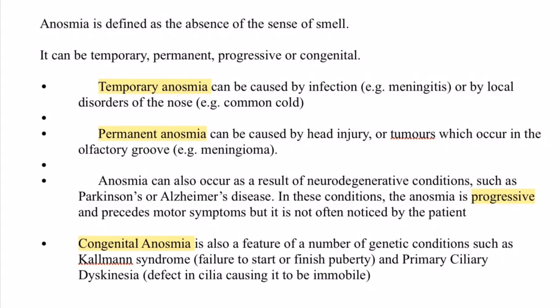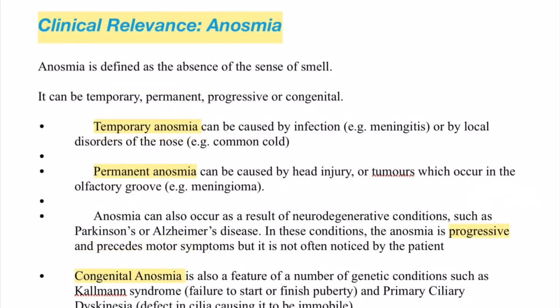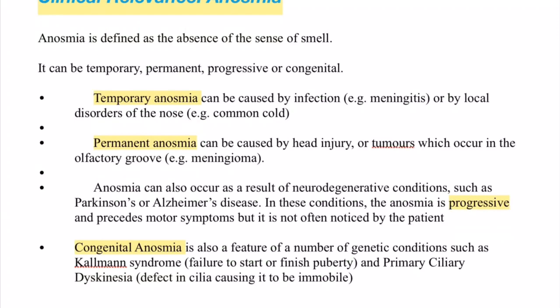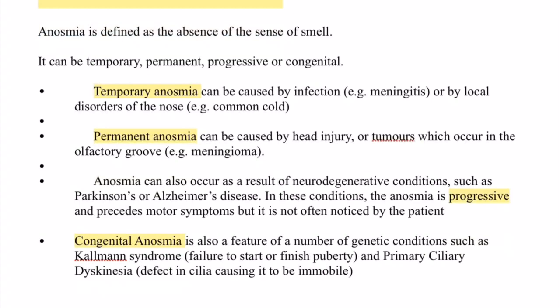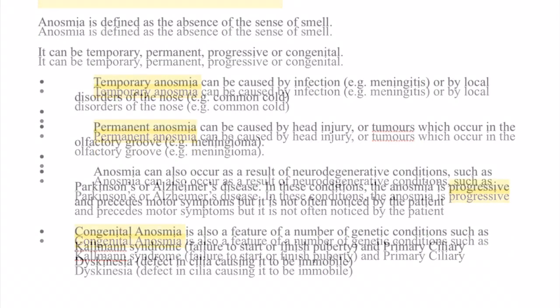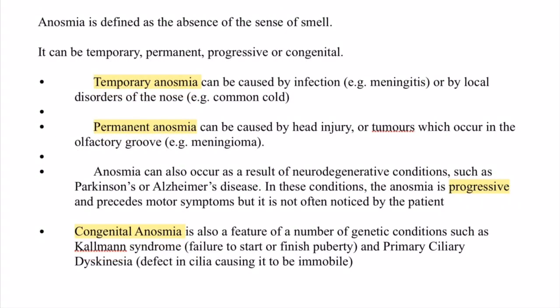Temporary anosmia can be caused by an infection, like in the case of meningitis, or by some other local disorder of the nose, like in the case of the common cold. Permanent anosmia can be caused by any head injury or tumor which occurs in the olfactory groove. For example, in the case of meningioma, there will be permanent anosmia.